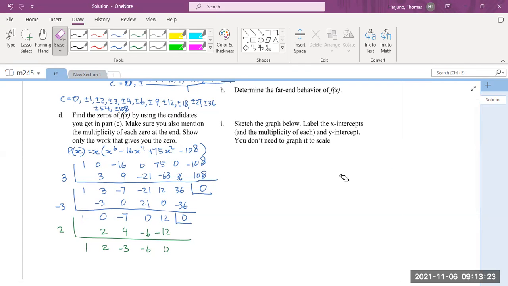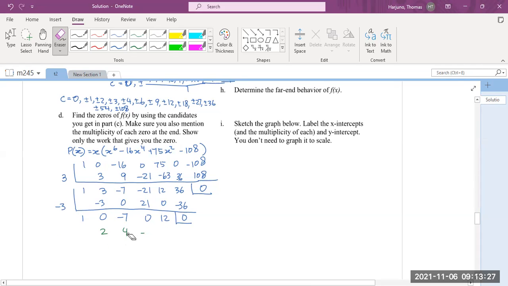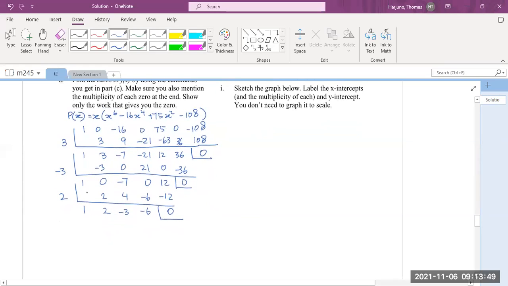Yeah, 2 works. Let me erase this, that was my scratch work. I change it to blue now, which is the one I write on my test paper. Because 2 works and this is an odd function, then negative 2 also works.